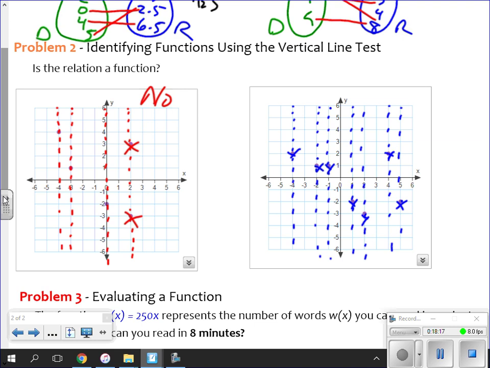Did this pass or fail the vertical line test? This one passed. So is this a function? Yes, this is a function.